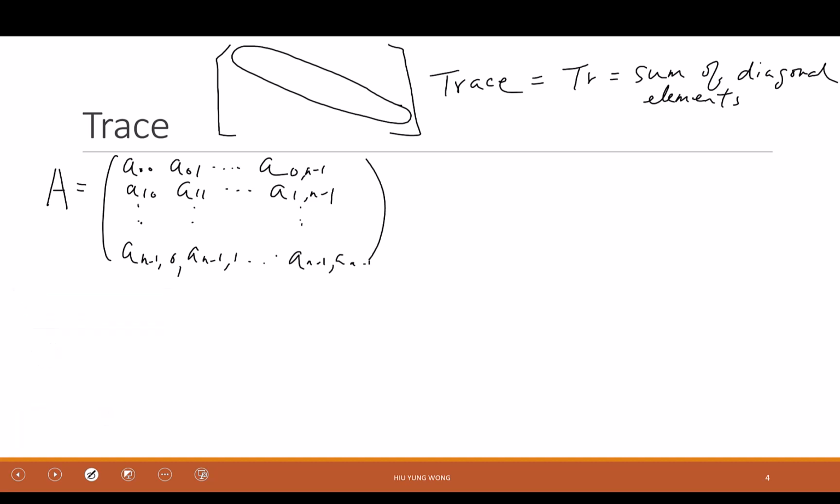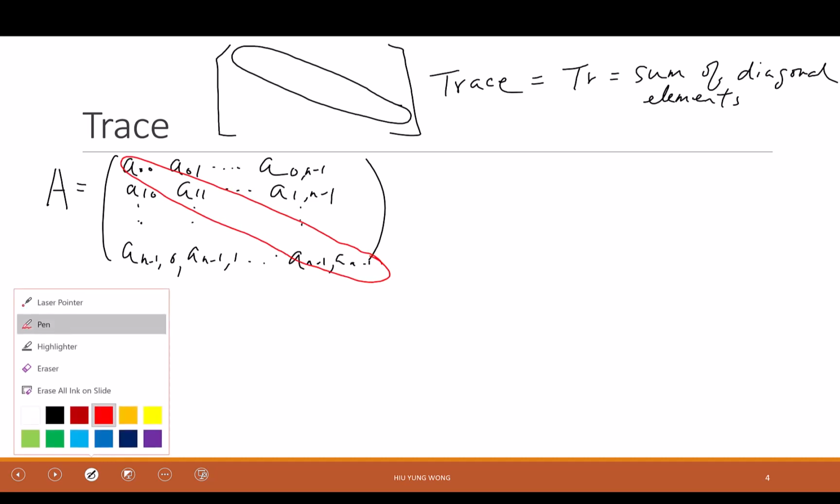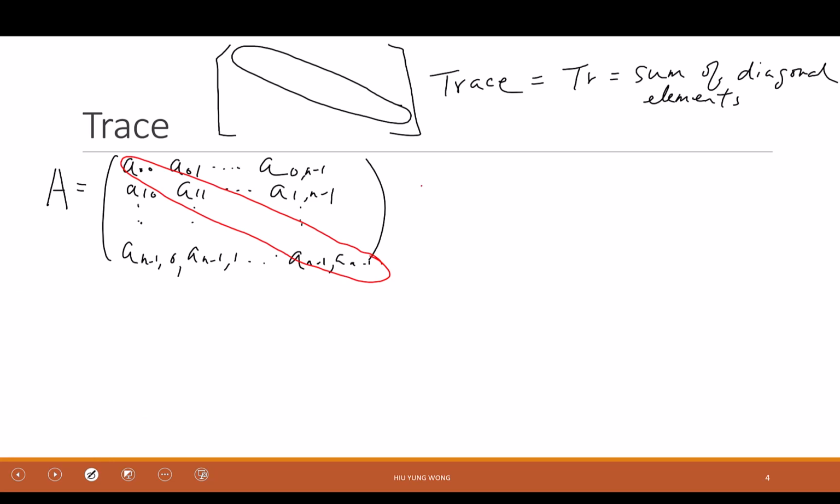Then what is the trace? The sum of the diagonal elements. And you see clearly the trace of A equals A00 plus A11 all the way to A n minus 1,n minus 1. Is that okay?